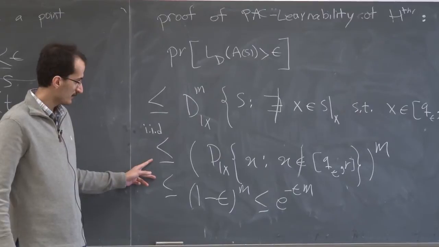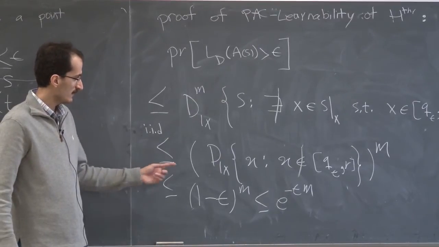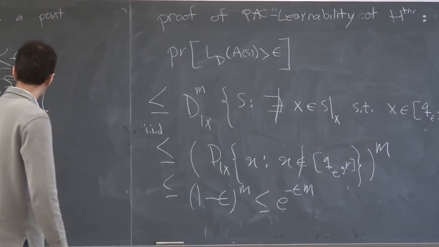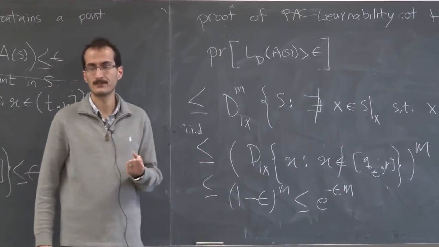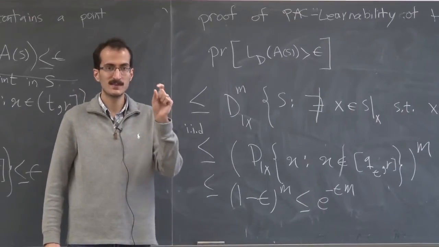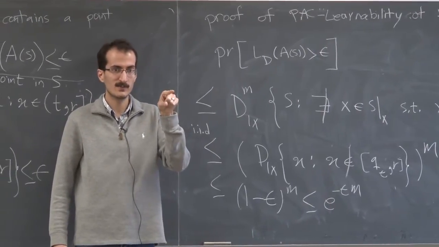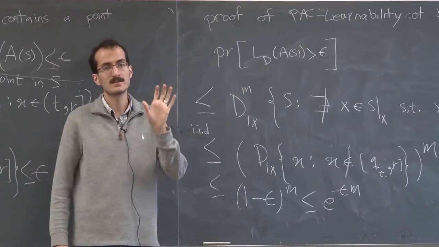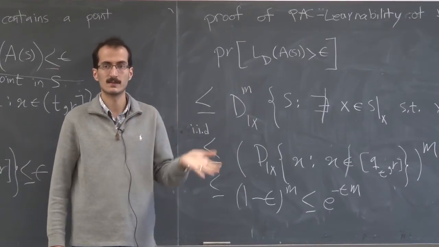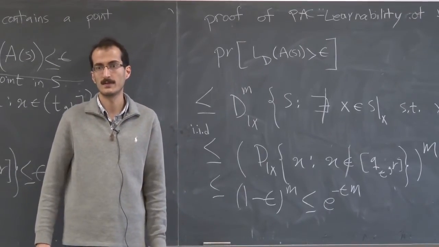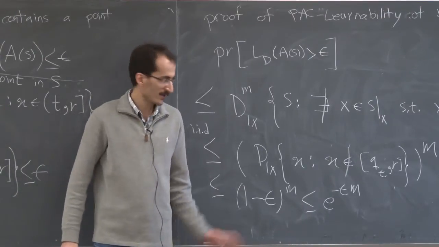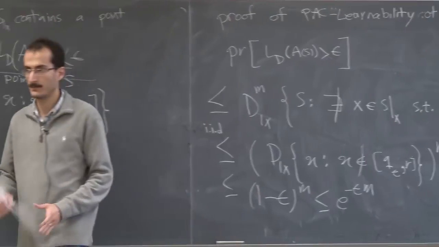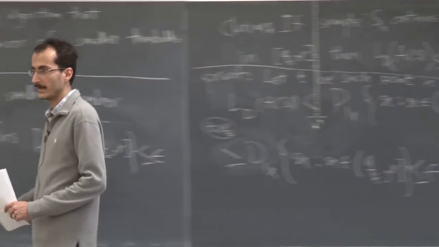It's smaller because we proved that we will hit that point with probability epsilon. So 1 minus epsilon is the probability that we won't hit that interval. OK, so what can we conclude here? Any questions?